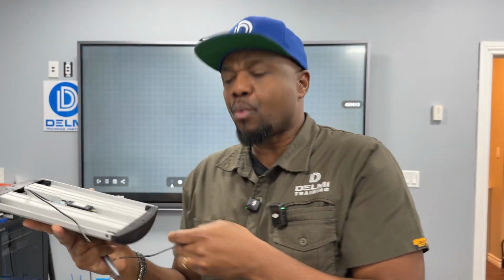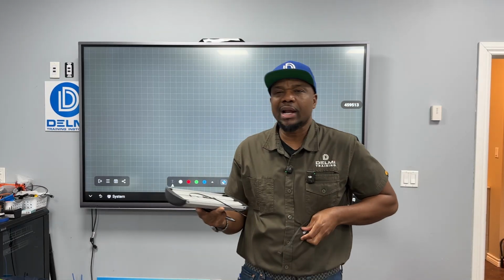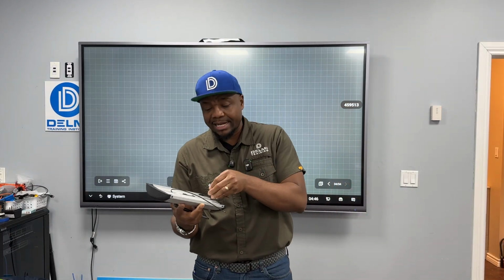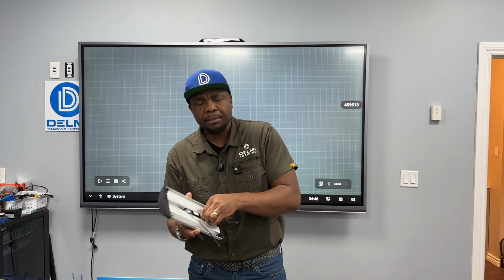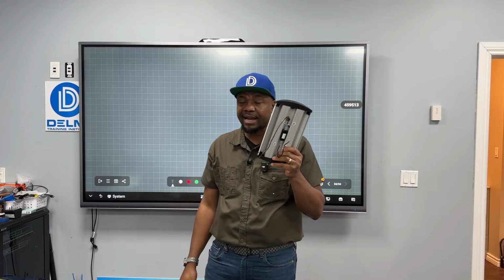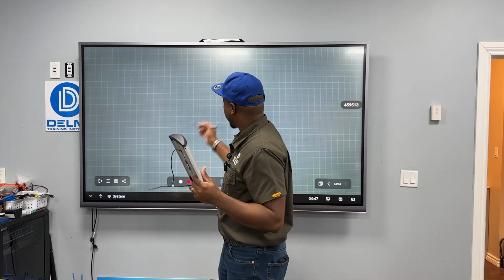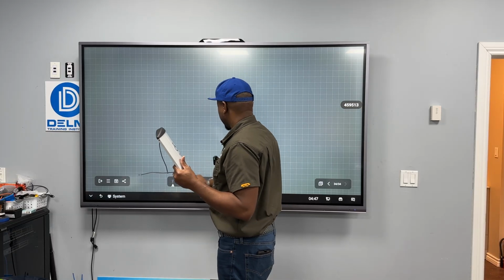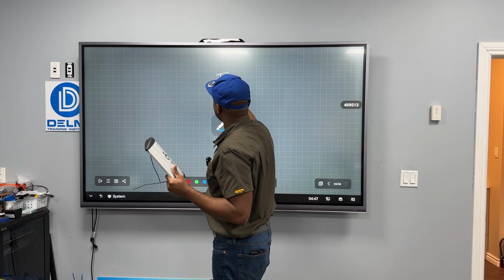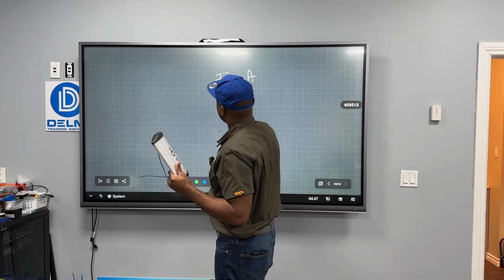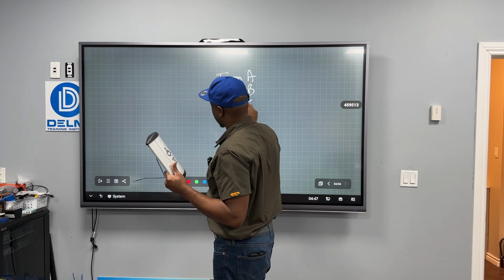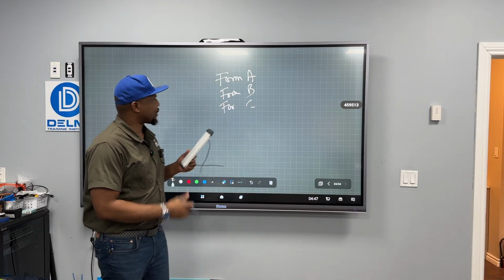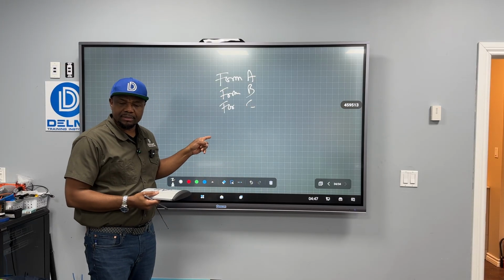It just means that one is a normally open and one is a normally closed, depending on what design you want to use. So pretty much most input devices are going to follow a Form A, Form B, or Form C. Any switch is going to follow one of these.